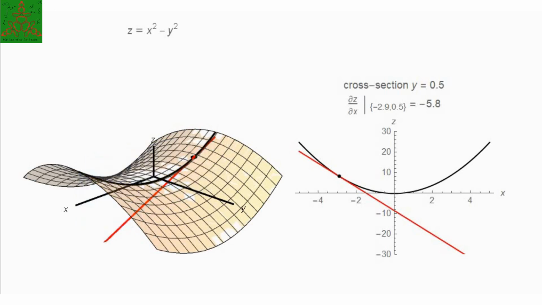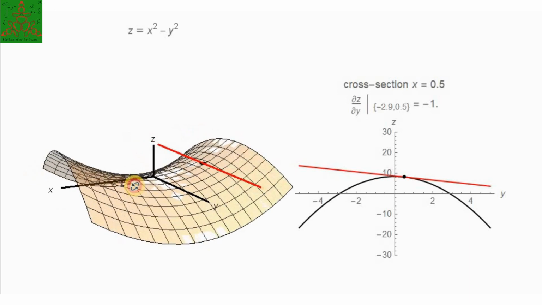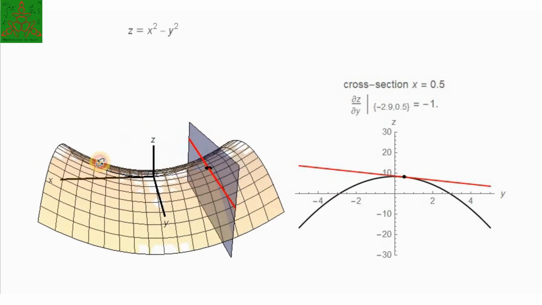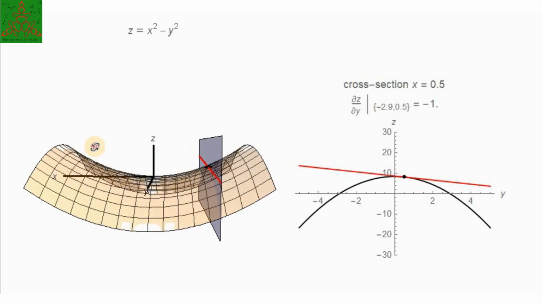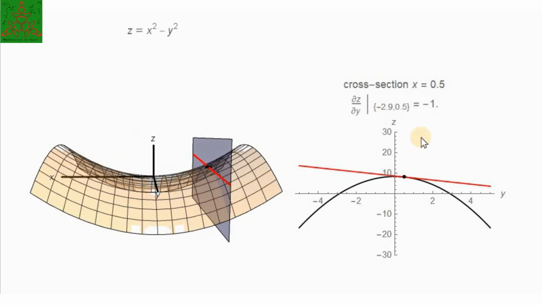Okay, so I'm starting again. In the y direction, this is the surface you will have. Now with respect to the cross section, I'm drawing the plane x equal to 0.5 first. You can see that this is the plane with the intersection with the surface, and x equal to 0.5 plane is this, and at the point minus 2.9, 0.5 the derivative, that means the slope of this line, is minus 1.